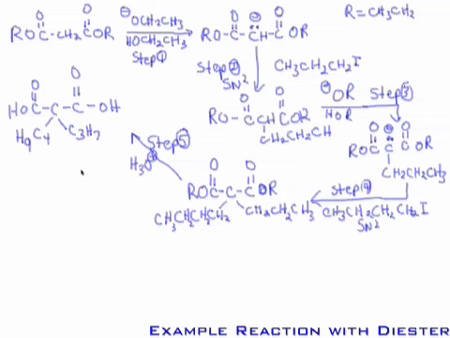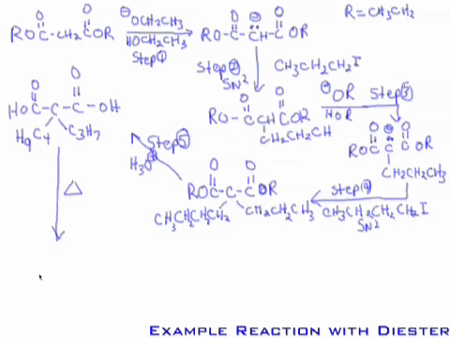My butyls. Now we've already learned that if we apply heat to a dicarboxylic malonic acid, we can undergo beta-decarboxylation. Remember, we kick out a CO2 and we put the H here.